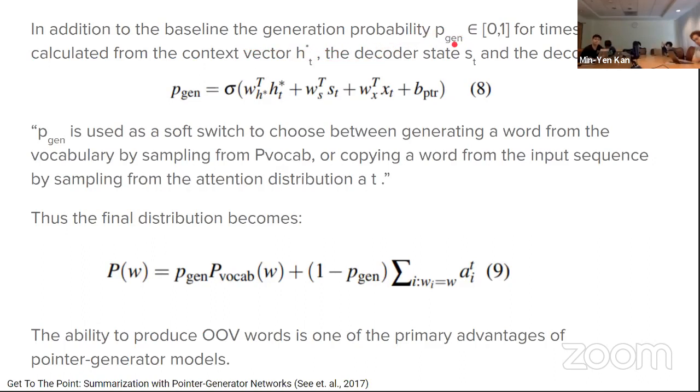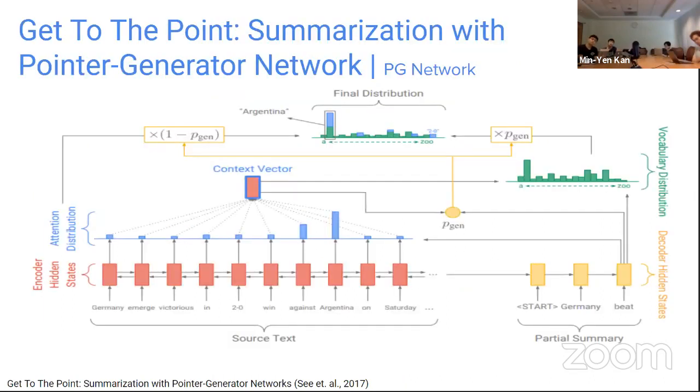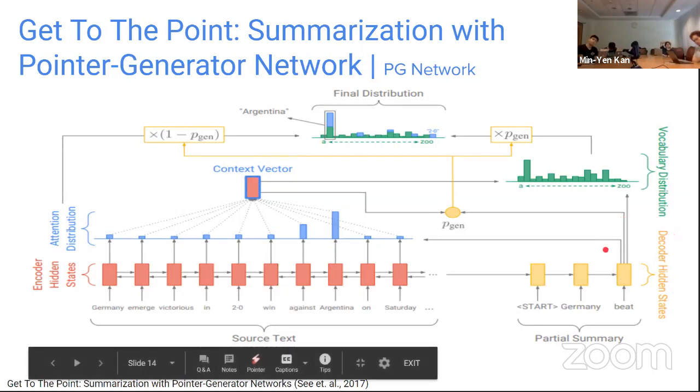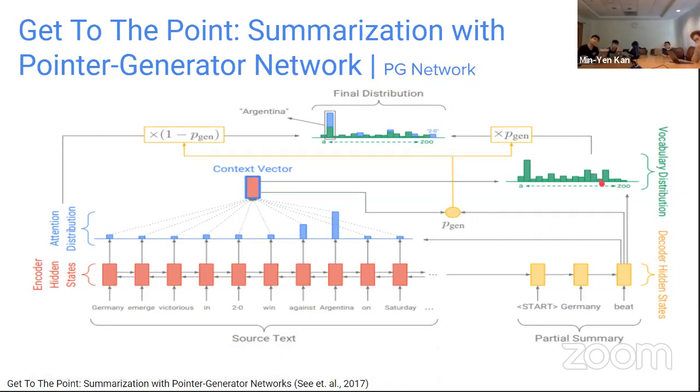For time step t, it's used to introduce a soft switch to choose between generating a word from the vocabulary or copying a word from the input sequence itself. Basically, looking at your context vector and the decoder hidden state, you decide if you want to create a new token from your vocabulary or just choose one word from the source text.